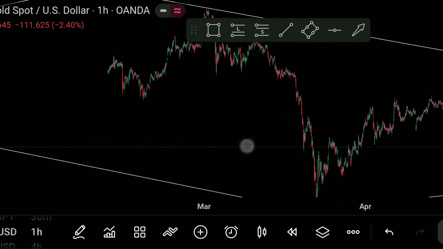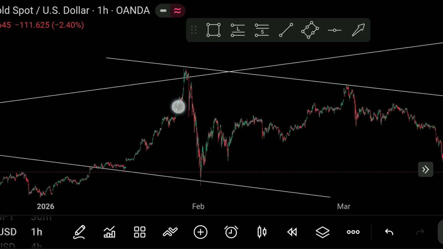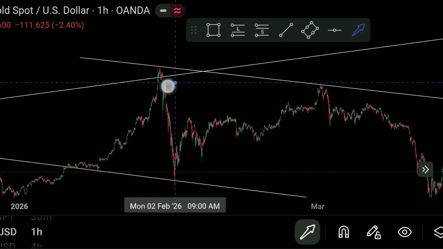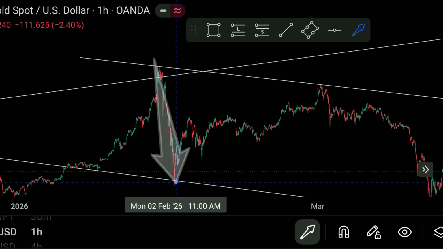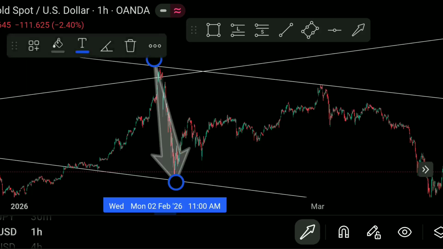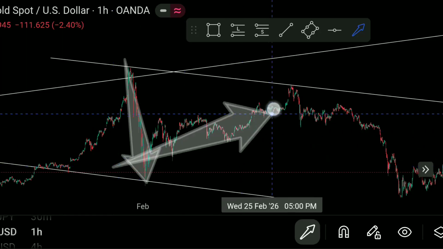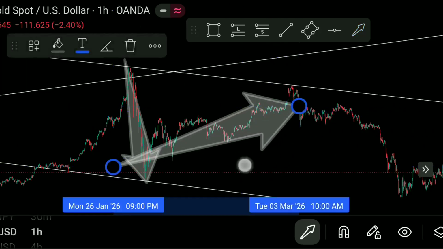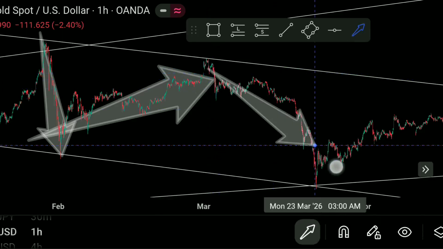If you look at the 4 hour time frame, look at the 4 hour time frame now. Just look at it. It came down, right? It came down. Then it went up. I seen it. Then it came down.